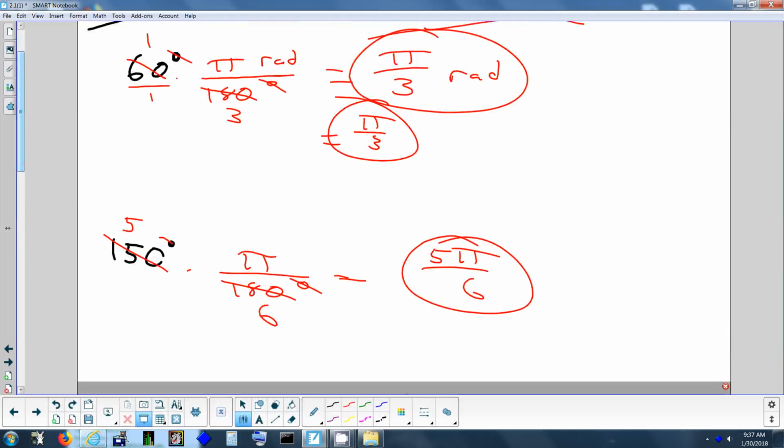Okay, let's see what those are both multiples of. Yep. 30. Yeah, in general, angles that are multiples of 30 and angles that are multiples of 45, we write with a fraction with pi. And there's some overlap there. 90 is a multiple of 30 and 45. Okay. So that's generally in the book, if you see angles that are multiples of 30 and 45, you're going to leave it as a fraction with pi.